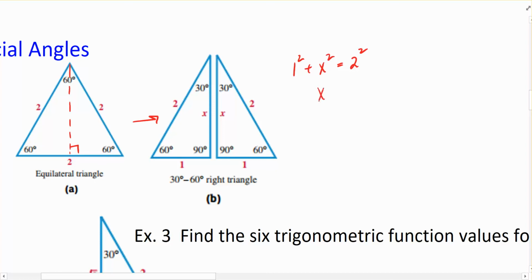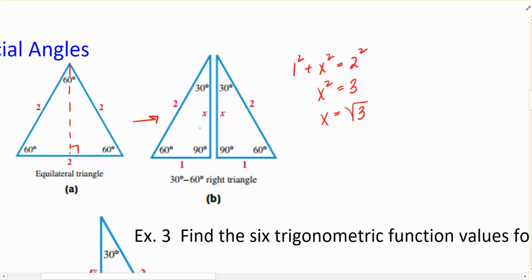So x squared is going to be equal to 4 minus 1, which is 3. Then when I take the square root of both sides, I find out that x has to be the square root of 3. So in a 30, 60, 90 triangle with sides of ratio 1 for a leg, 2 for a hypotenuse, the remaining leg has to be the square root of 3.